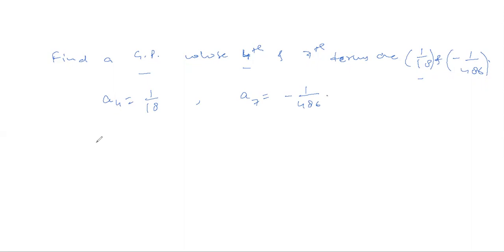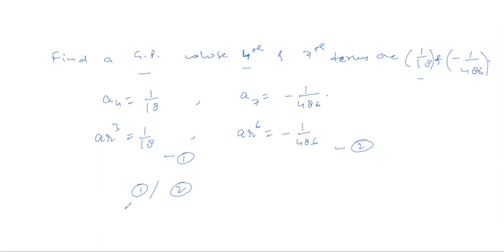So a4 will be equal to A R raised to power 3 equals 1 upon 18. Similarly, a7 will be written as A R raised to power 6, and its value will be minus 1 upon 486. Take it as equation number 1, and this as equation number 2. Divide both of them.